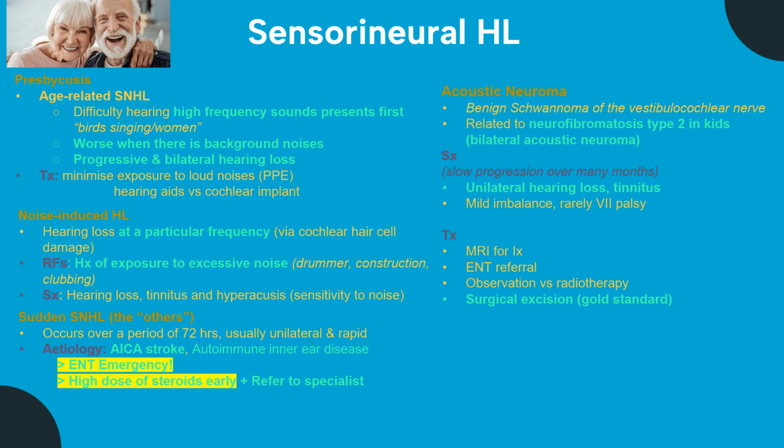You can also have symptoms like unilateral hearing loss and tinnitus. Most commonly it's unilateral, but in that syndrome it'll be bilateral. You can also have changes to your balance, and sometimes even cranial nerve palsy if it's impinging on certain cranial nerves or invading into them.